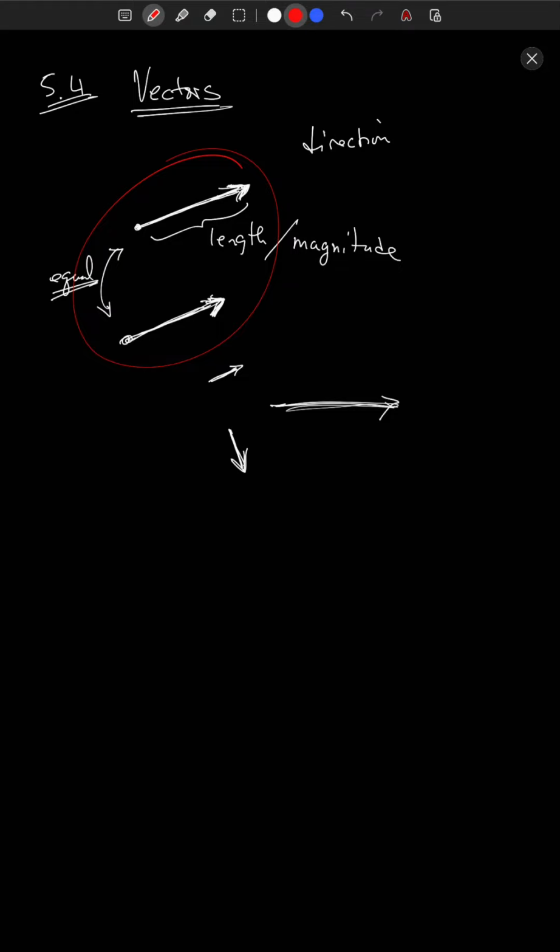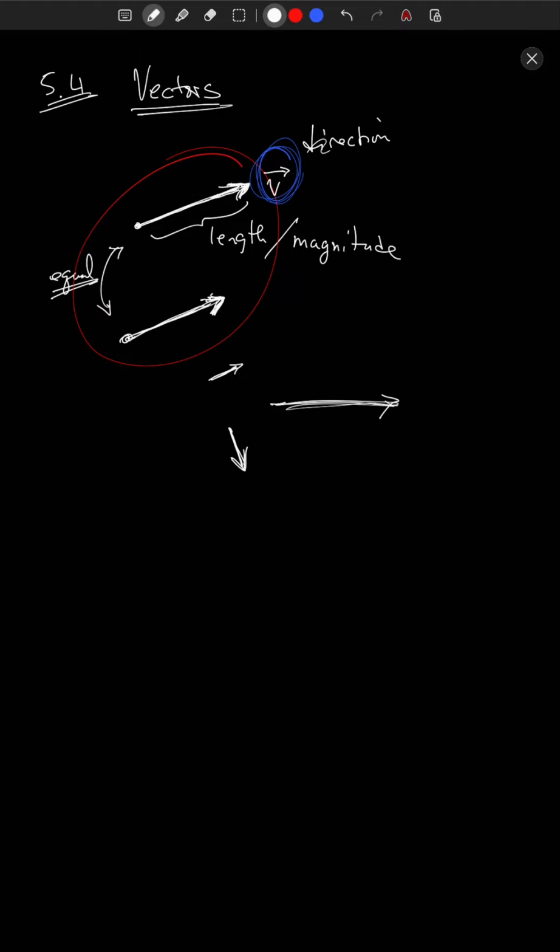Notation-wise, we write vectors, usually we like to use the letter V to denote a vector. And when we write, we put an arrow on top of the V. Something like that. In our class, we'll usually be using V, W, U for vector names. Of course, it doesn't matter. You can name your vector whatever you want, but typically those are the letters we use.